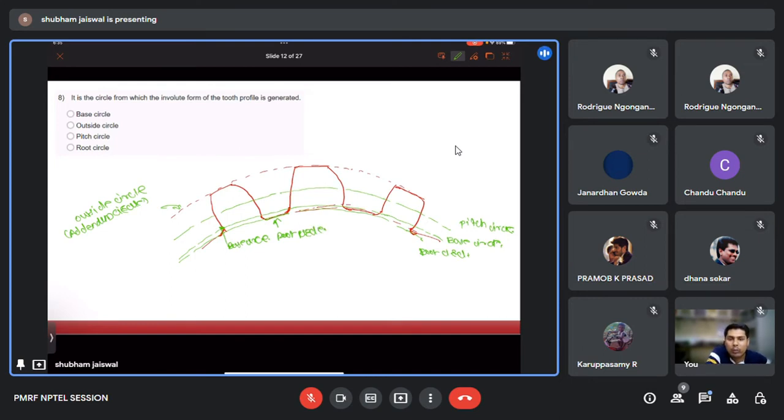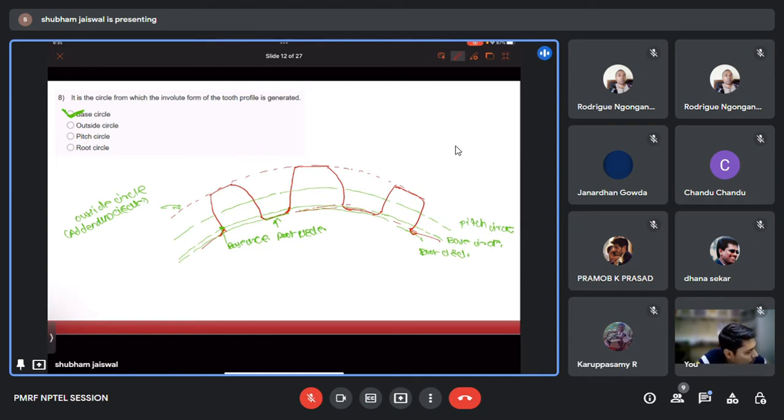The involute profile doesn't start from the root circle. It always starts from the base circle. So the correct answer will be the base circle. So as we have drawn the sketch of this one, we will try to see some terminology.